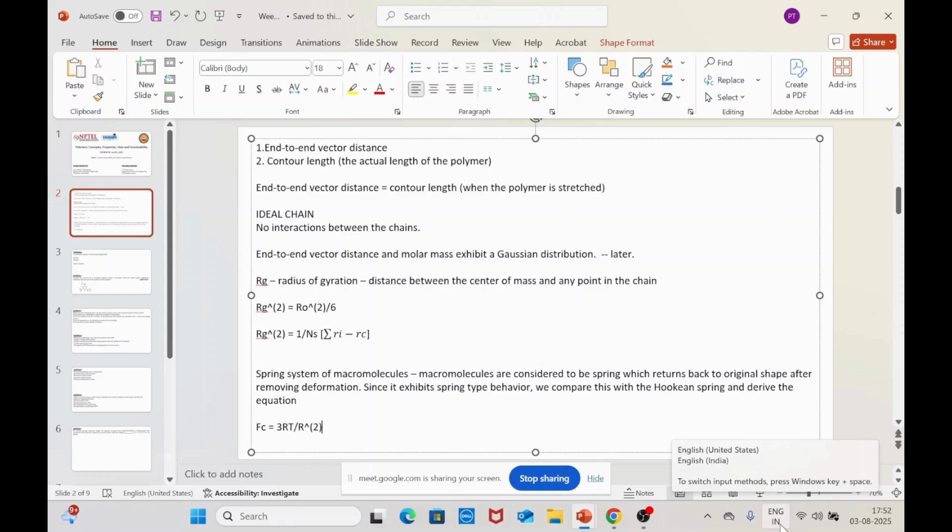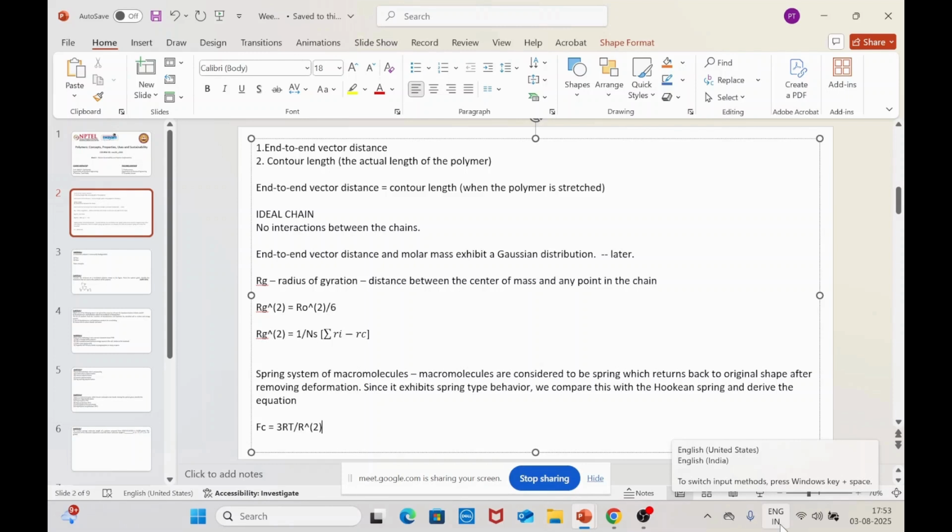So depending upon the polymer as well as the solvent interactions, we classify the solvent as theta solvent, good solvent, or bad solvent. Theta solvent is a solvent where the polymer chain interactions are absent, which is one of the most ideal cases.